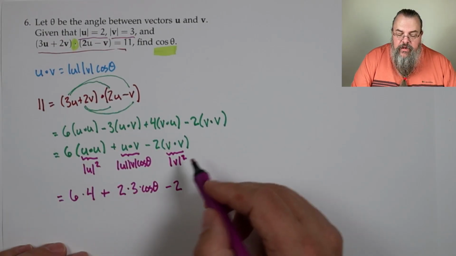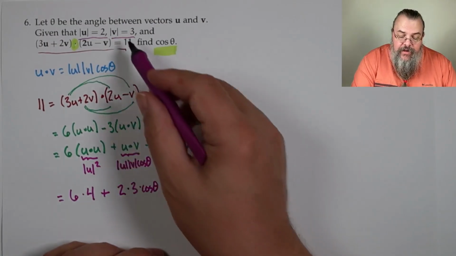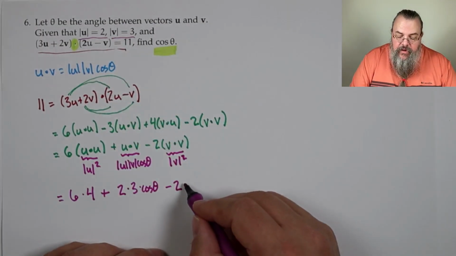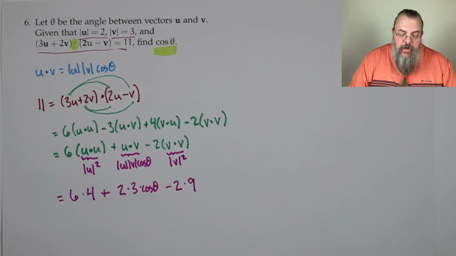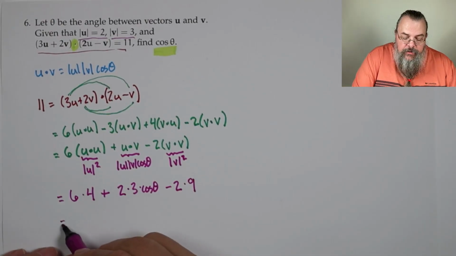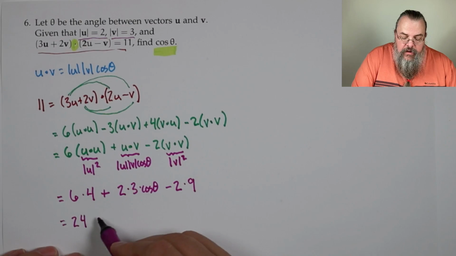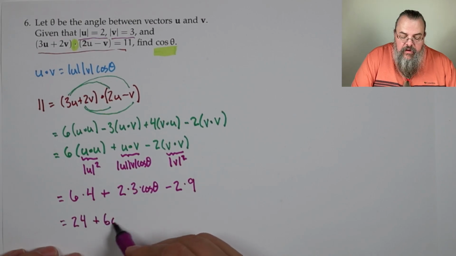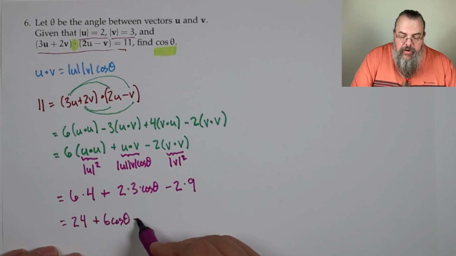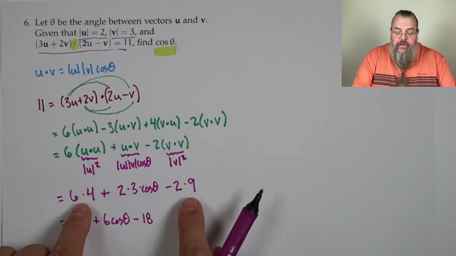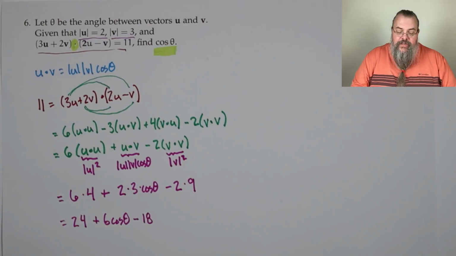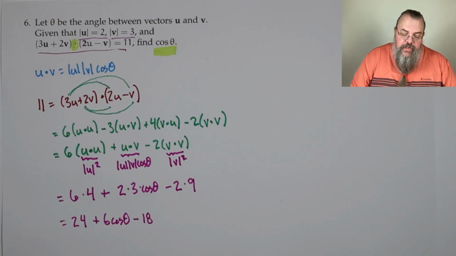Minus 2 times magnitude of v squared, that's 3 squared, which is 9. So we have 24 plus 6 cosine theta minus 18. Now 24 subtract 18 is 6.